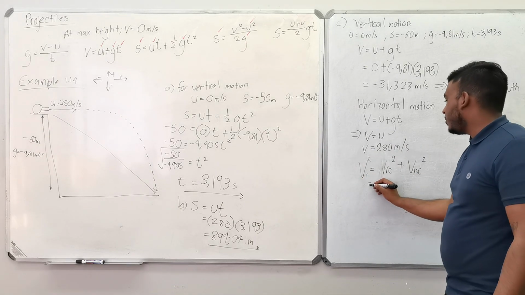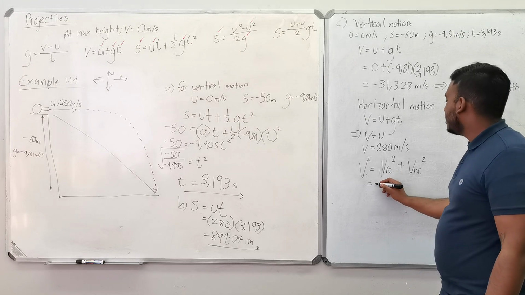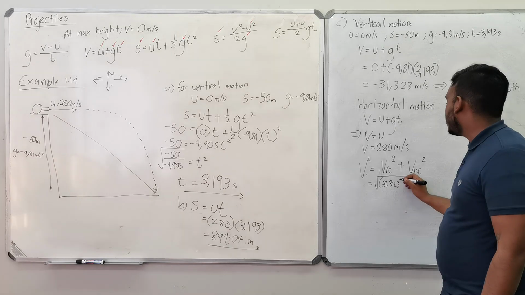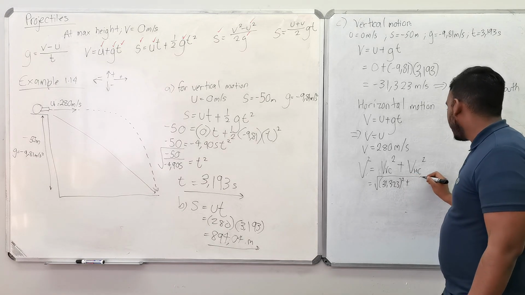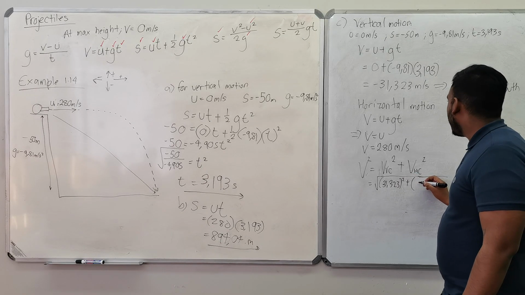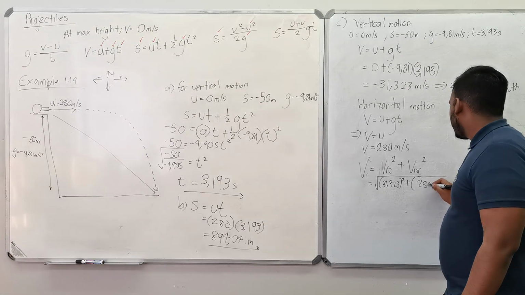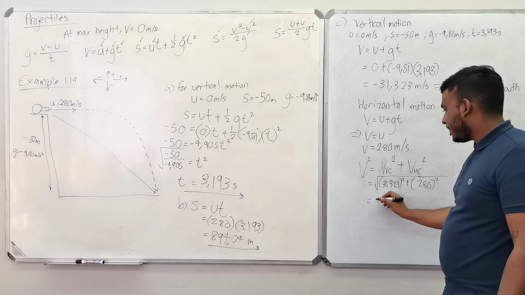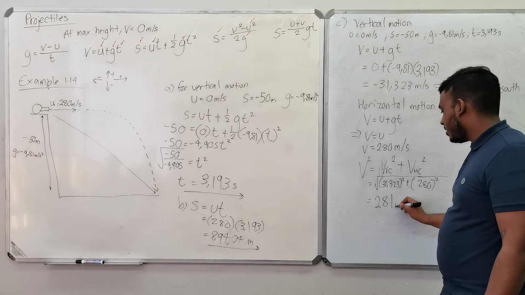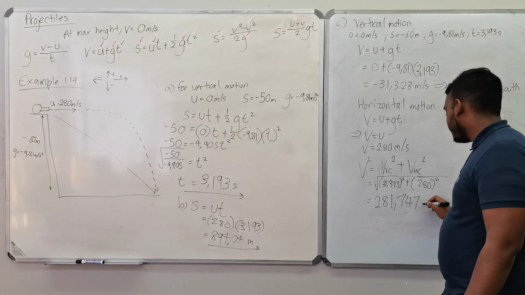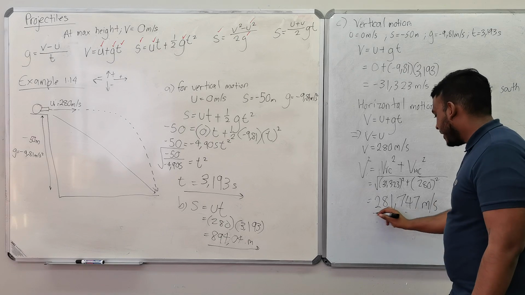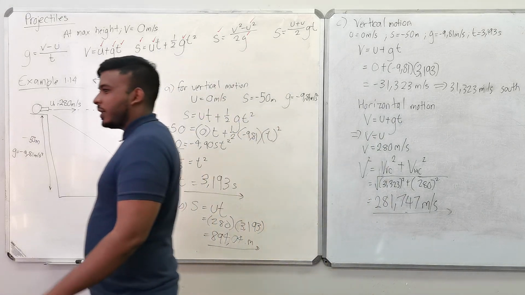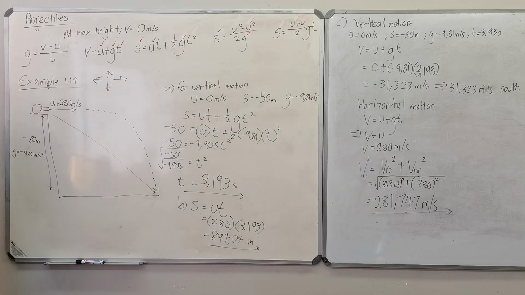So this here would be the square root of 31.323 squared plus 280 squared, which is equal to 281.747. So that's the velocity with which we hit the ground. Do you understand? Is anybody confused?